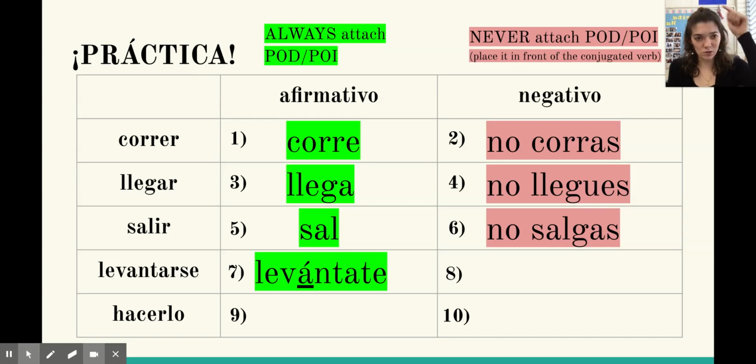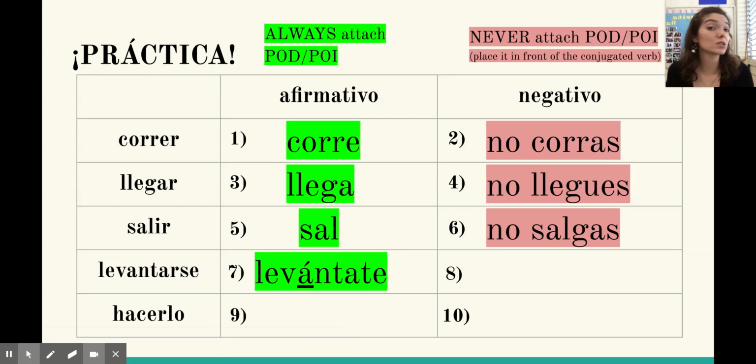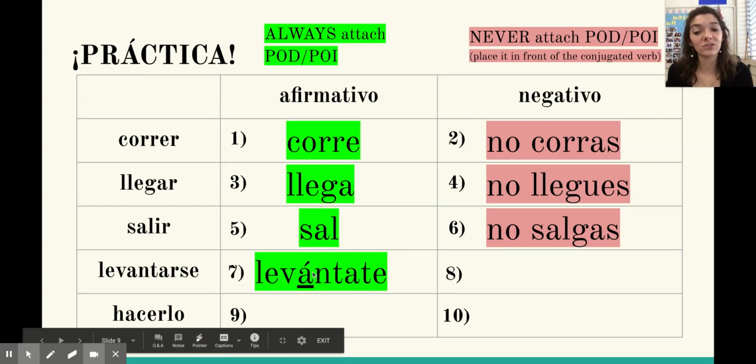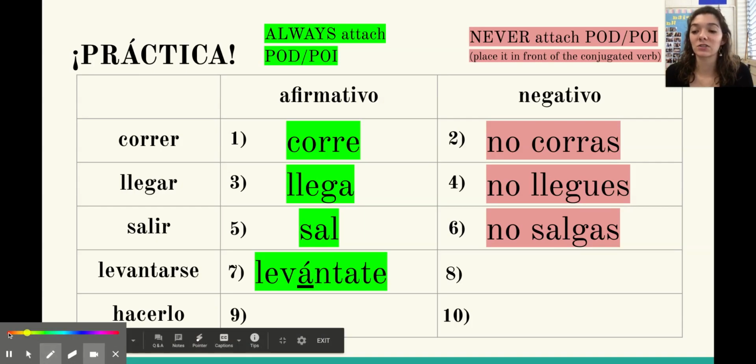I'm saying, hey, you informal. Get up. Levántate. Notice, first thing, this se changing to a te, because I'm talking to you informal, so I can't be using a se. I got to use a te. Second thing, I added an accent here. Why did I do that? Don't forget, guys, naturally, our accents are falling, right?